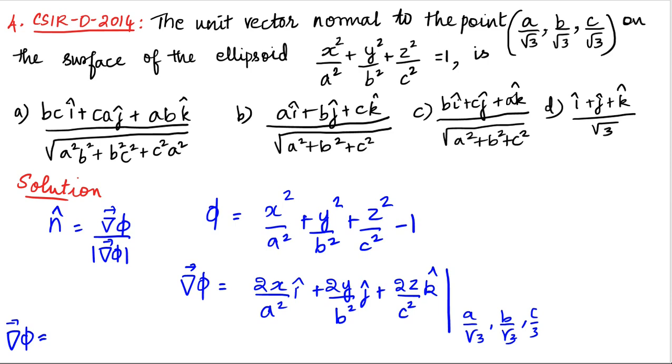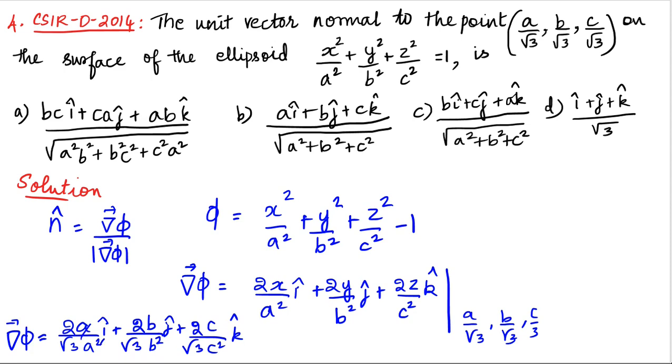On substituting our values we get 2a by root 3 a square i cap plus 2b by root 3 b square j cap plus 2c by root 3 c square k cap.